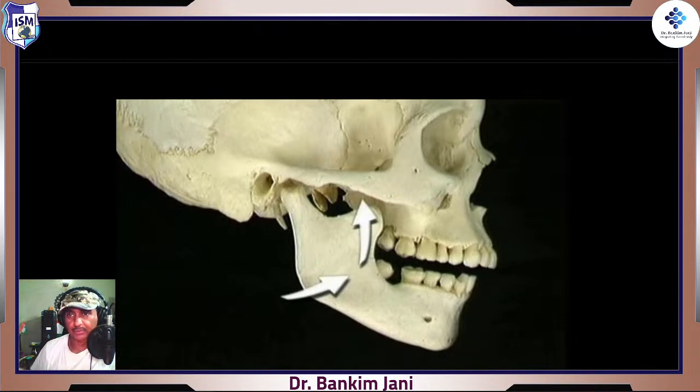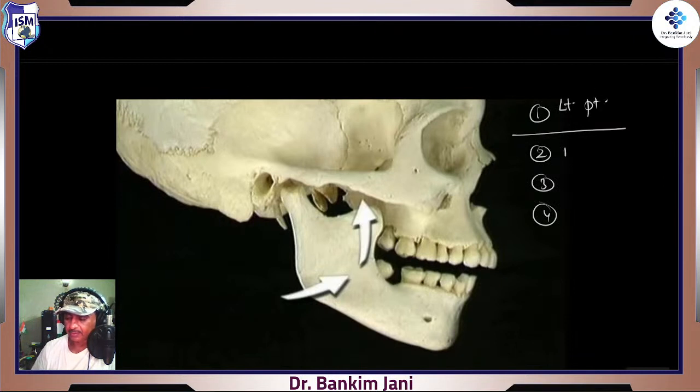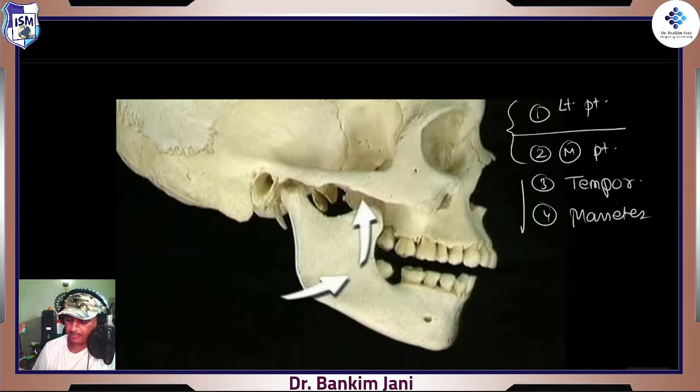So we talked about 4 muscles. 1, 2, 3, 4, right? The lateral pterygoid, medial pterygoid, temporalis, and the masseter. Group it like this also. Temporalis and masseter, right? They will be generating pressure from outside. So this is that upward pull, because see, temporalis and masseter, they both are connected over here in the skull.